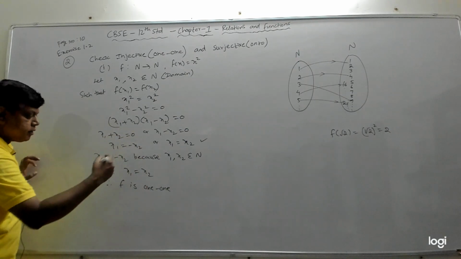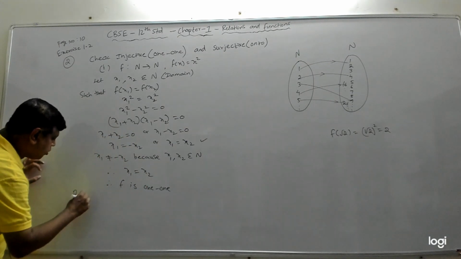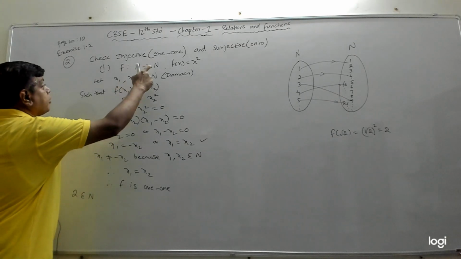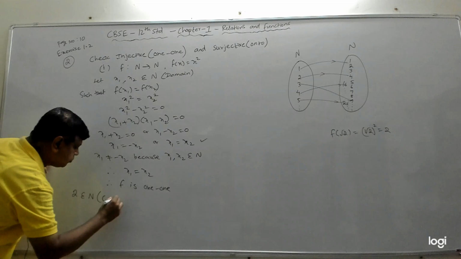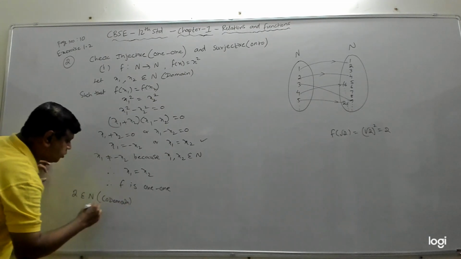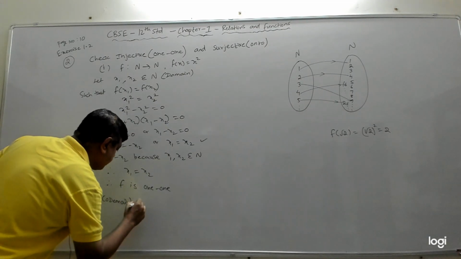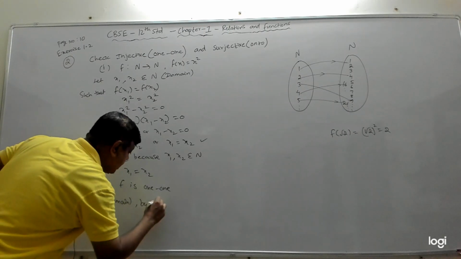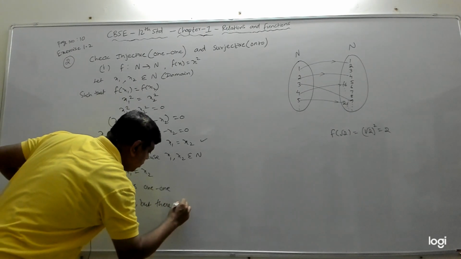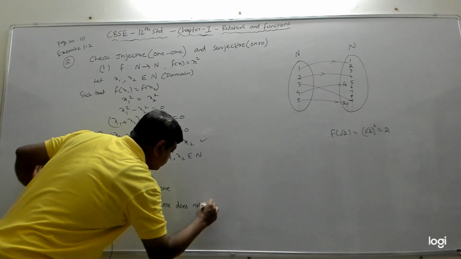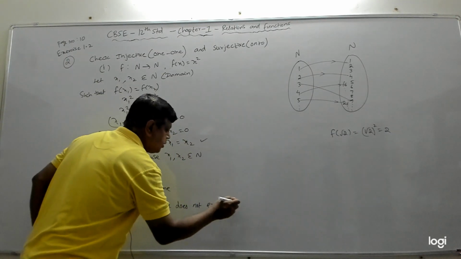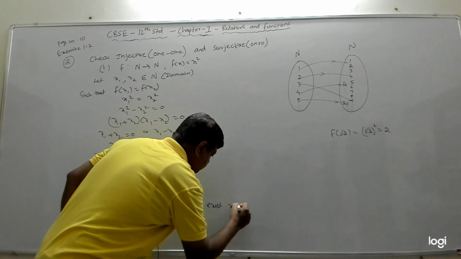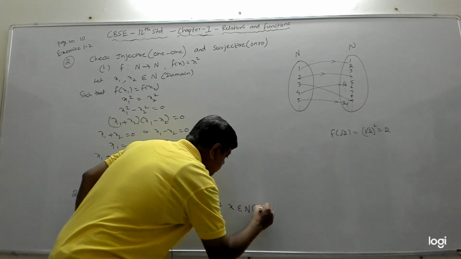We will take an example. We will say 2 belongs to N. This N is the codomain. 2 belongs to the codomain, but there does not exist x belonging to N, where this N is the domain, such that f of x is equal to 2.